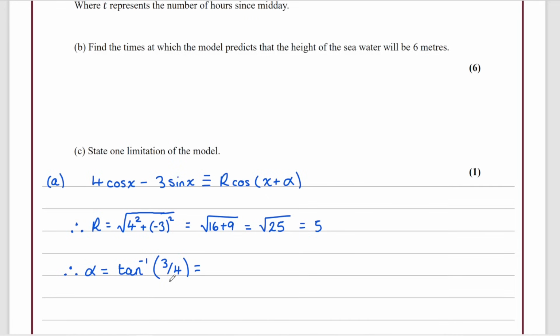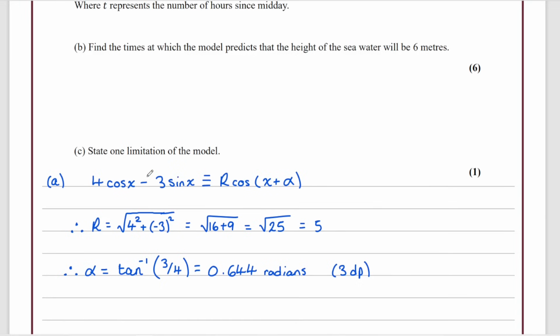It's a really easy mistake to make, especially in exam conditions. If you do this correctly, tan inverse of 3 over 4 gives you 0.644 radians, to 3 decimal places.